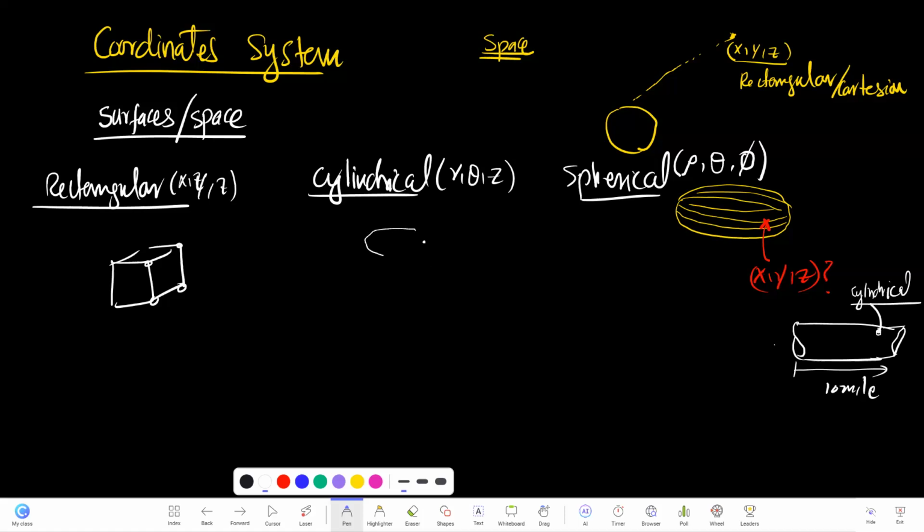Cylindrical coordinate is just like a cylinder. Every time you talk about cylindrical coordinates, you're making an arbitrary or imaginary cylinder, or an imaginary cube when you talk about rectangular. So this size is z, this size is r.